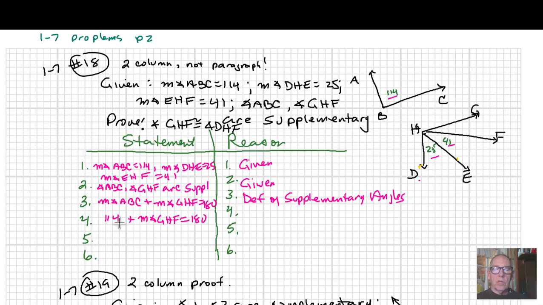This is a substitution using step 1, which is ABC is 114, and step 3. So from that, we can get that the measure of GHF is 66 degrees. And that would be the subtraction property of equality.